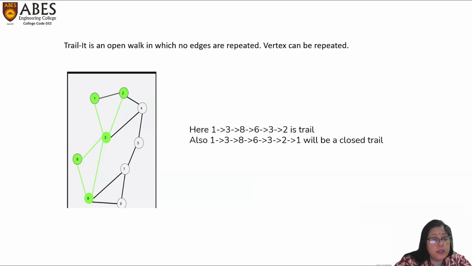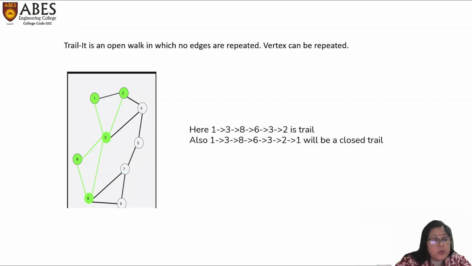So here we see this graph in which we traverse from 1 to 3, then from 3 to 8, and then from 8 we go to 6, from 6 we go to 3, and then to 2. Here we see that vertex 3 has been repeated, but the edges through which we traverse have not been repeated. So it is called a trail.